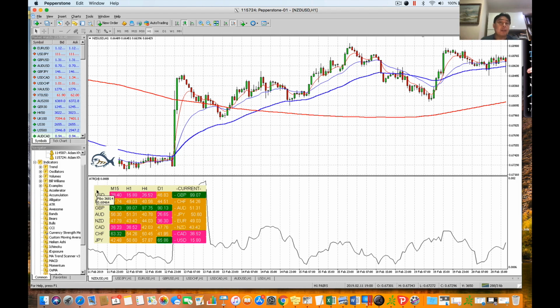So why is this important? Because at times of high volatility, when the currency pairs are moving a lot, the average range of the candles is bigger. When volatility is low, it is smaller, and this will help us to determine where to place our stop loss. You want to place your stop loss ideally at least 2 ATR away from your entry price.